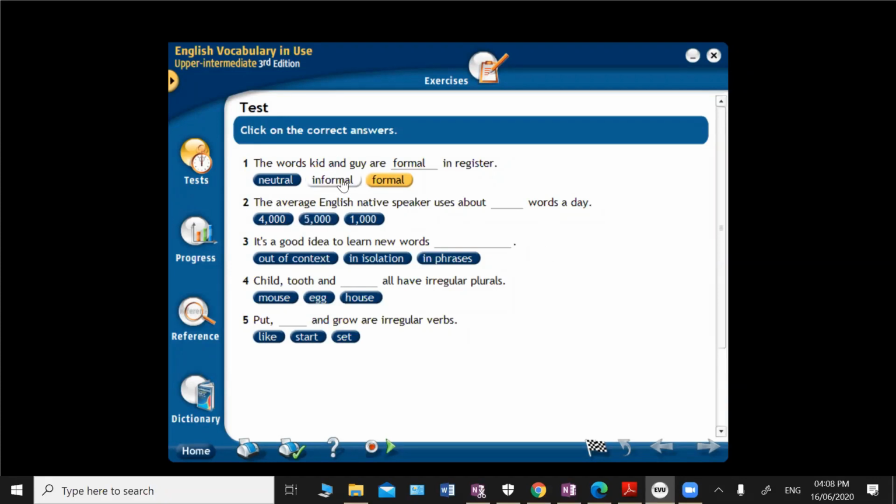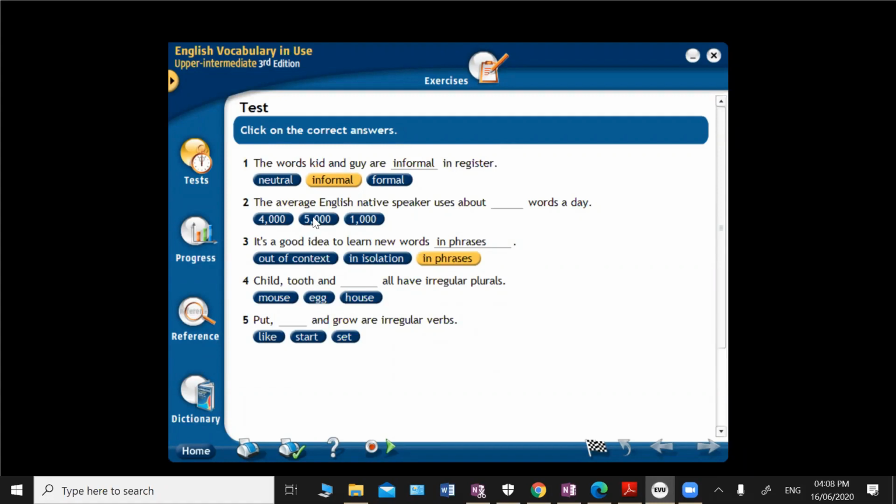And number 4 is child, tooth, and mouse. Yes, we did it before. Mouse, put, set. You said this one here. Something wrong here with this software. It's not giving all the right informal.